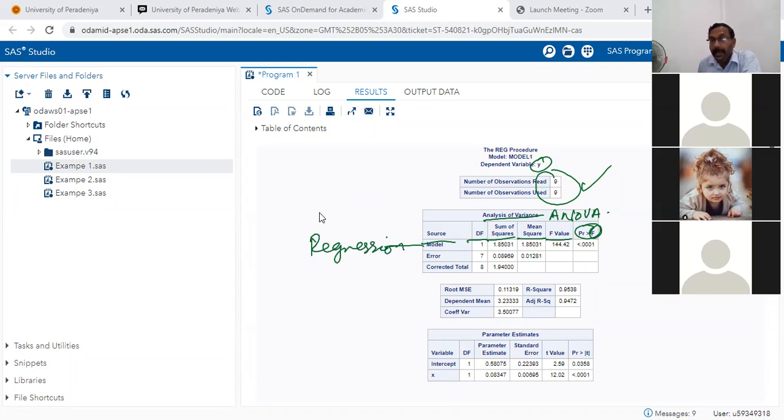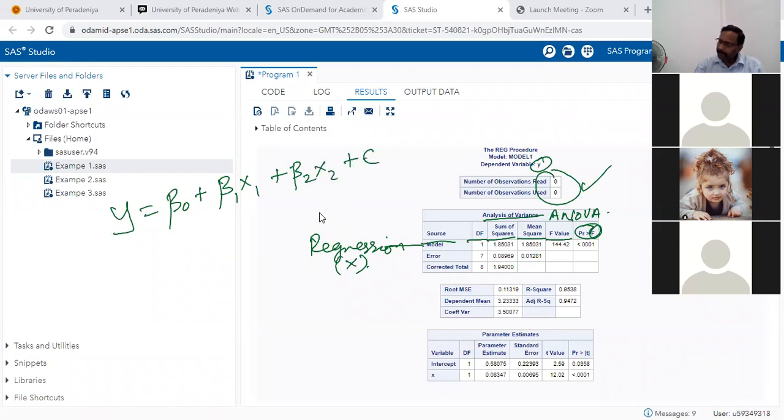Because here we are doing a simple linear regression, we have only one X variable. Suppose you are doing regression with several variables, I'll take a very simple one. Now here, we have several variables. What are those variables? Dependent variable, and there are two independent variables.